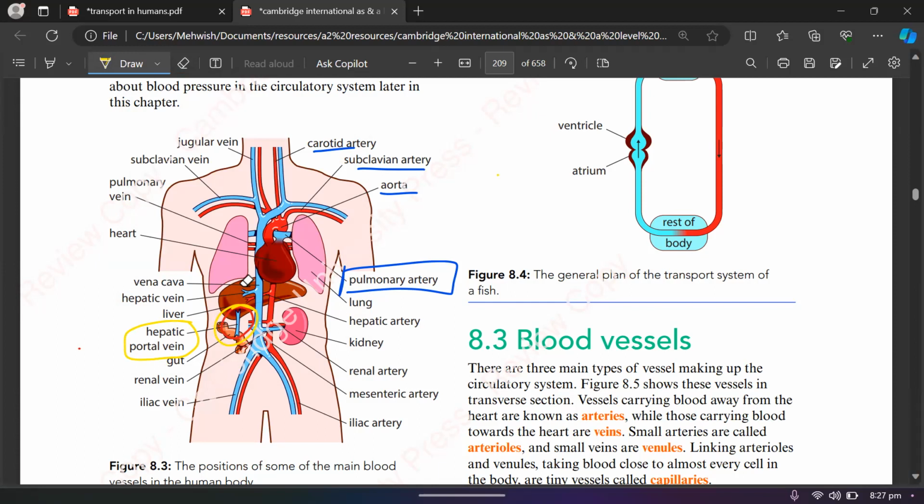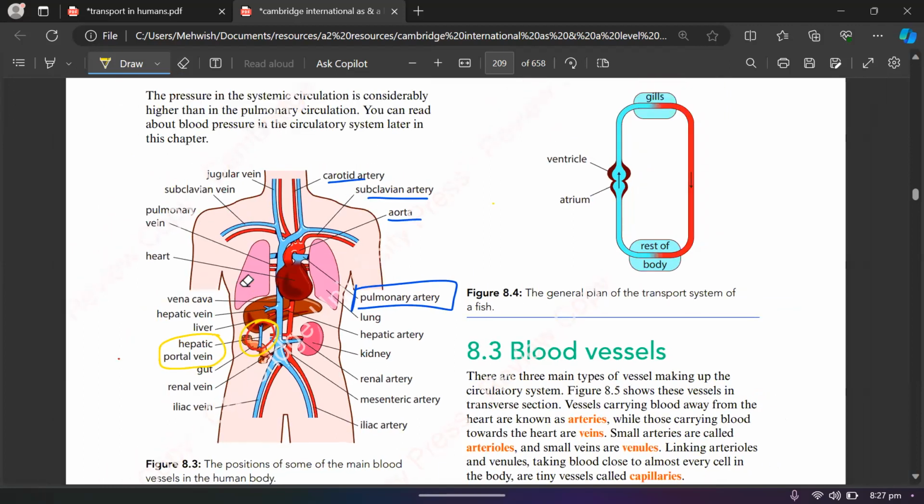It is involved in transporting blood, definitely, but that blood is carrying nutrients, absorbed from the intestine, or you can say the digestive system, and then it is taking it to the liver, right? And that's why it is called the hepatic portal vein, because it is not direct, it is porting, or transporting, the blood to the liver, not to the main circulatory system, right?